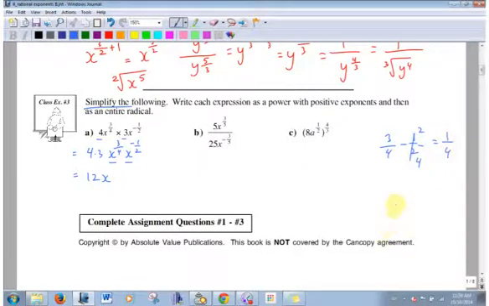Same common denominator. Write it as a power. Positive exponent, check. And then as an entire radical, 12 times the 4th root of x. Okay?